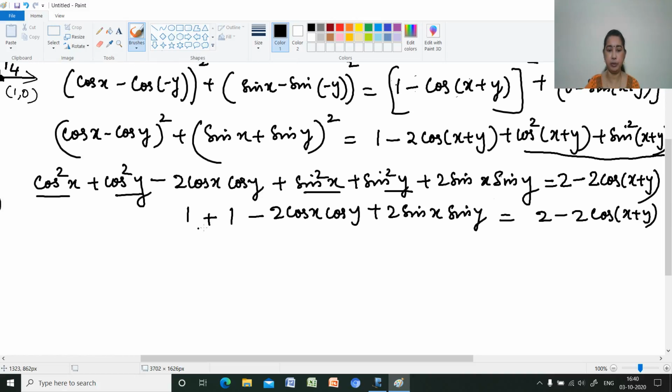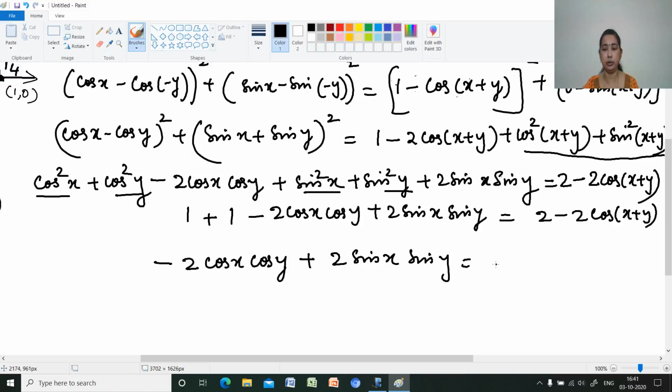Here 1 plus 1 is 2, so both 2's cancel, remaining minus 2 cos x cos y plus 2 sin x sin y equals minus 2 cos of x plus y.